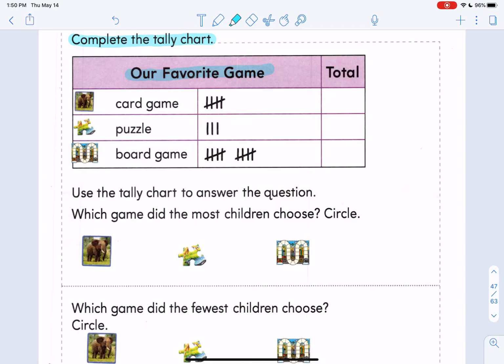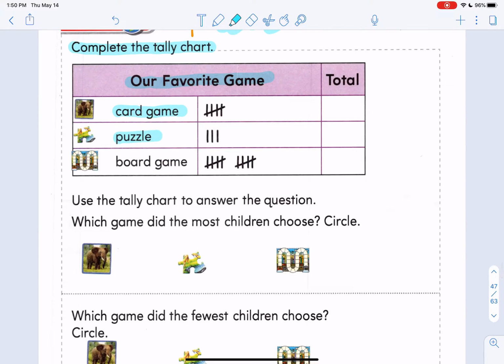It gives us the choices, card game, puzzle, board game. And now we need to count the tallies. So you go ahead, count the tallies, and put them in the right box under the total section. And I'll just sit here and wait for you to do it.